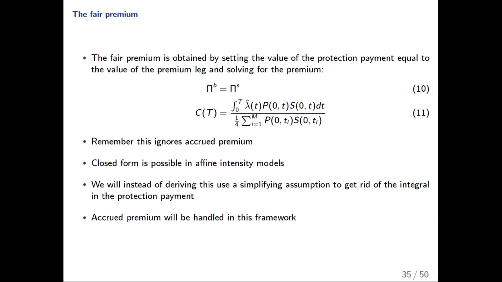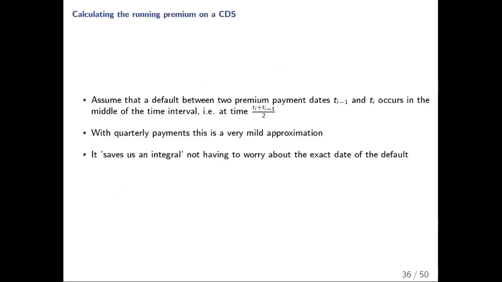Firstly, it's going to get rid of or save us the integral, and secondly, it's going to accommodate the accrued premium. The common assumption made in the market is that a default that happens between two premium dates happens in the middle of the quarter.